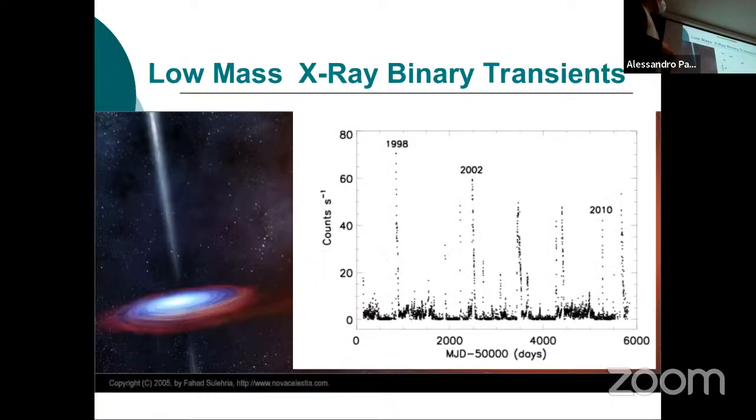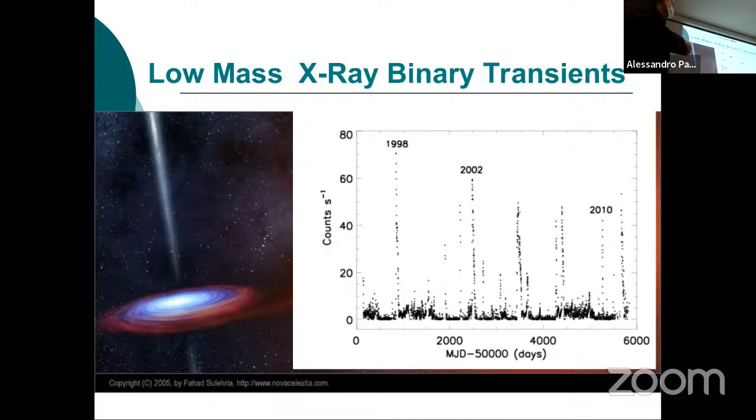And for example, the slowest time scales are the ones that pertain to the so-called transient low mass X-ray binaries. Here you have a system where the accretion disk jumps between states where the plasma is fully ionized, and it's very viscous and it produces a lot of X-rays, and states where the disk is mostly recombined, when the hydrogen is mostly recombined, and you have a low X-ray flux.